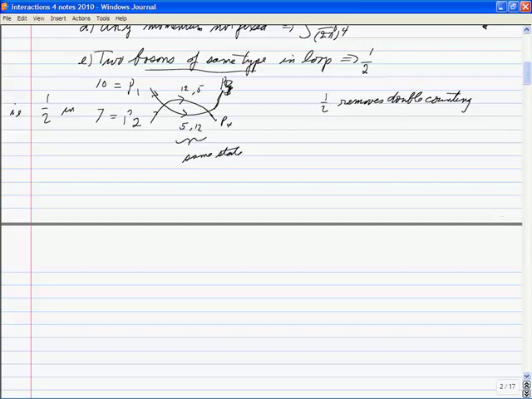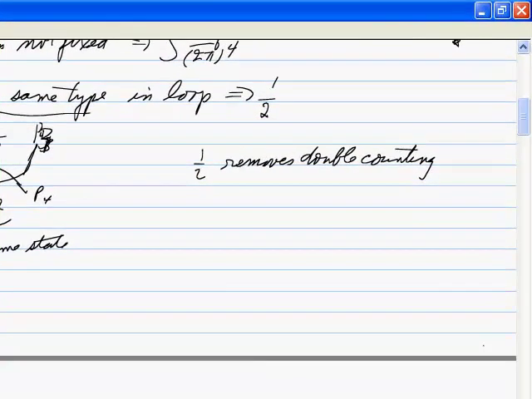In one case the fermion carries 12, in the other case it carries 5. So those are two distinct states. But if they're the same bosons, they're identical particles, it's the same state. So we'll see that.